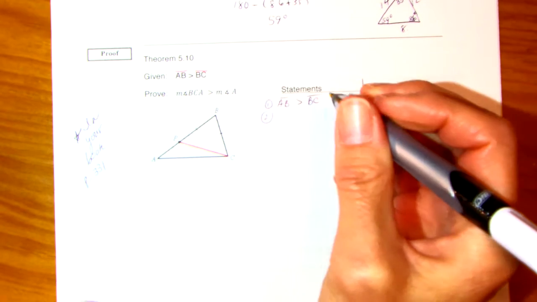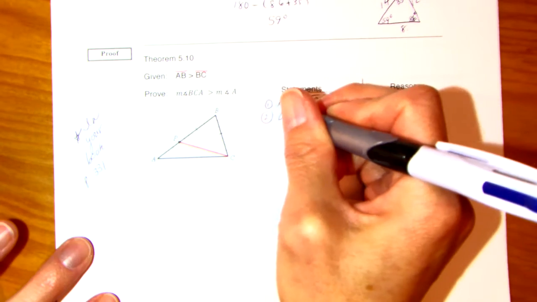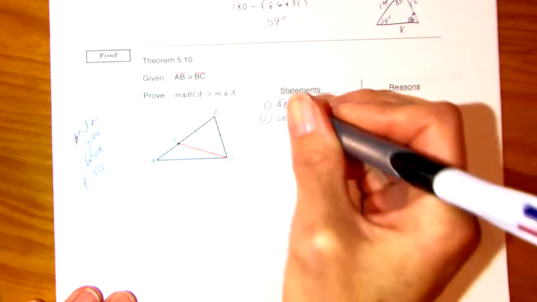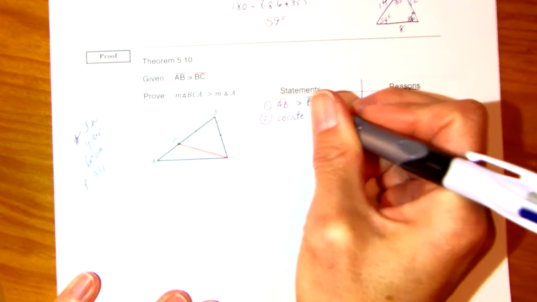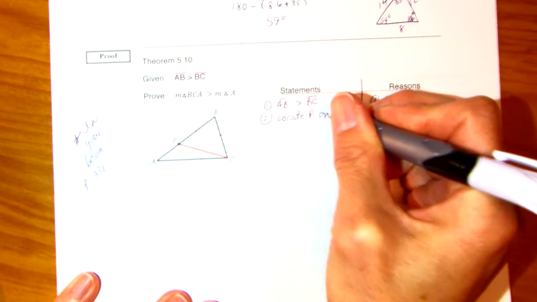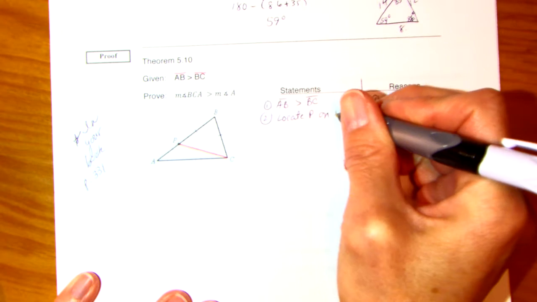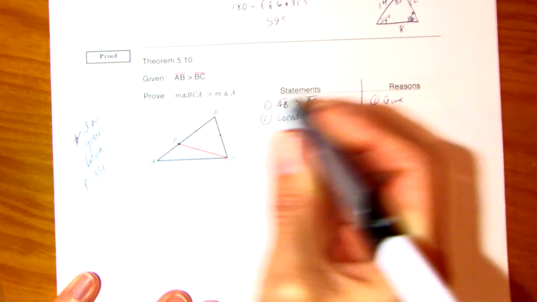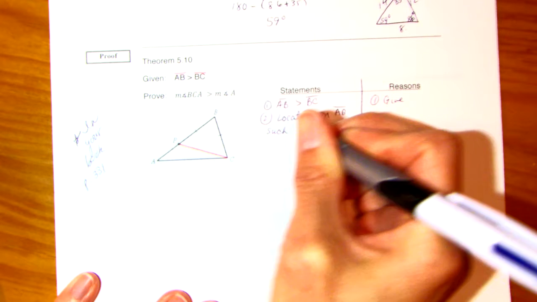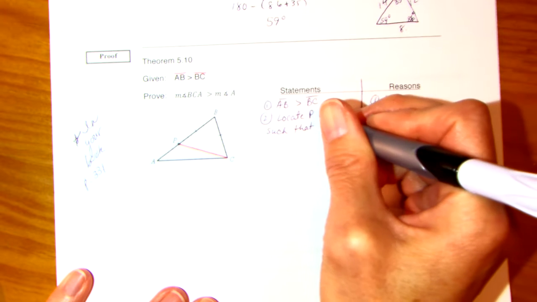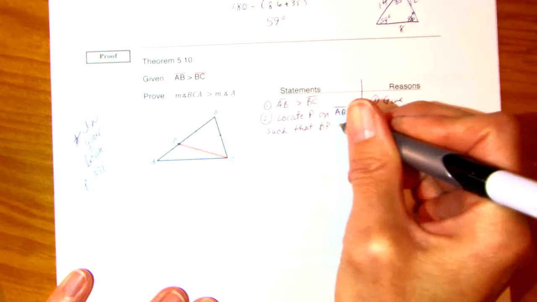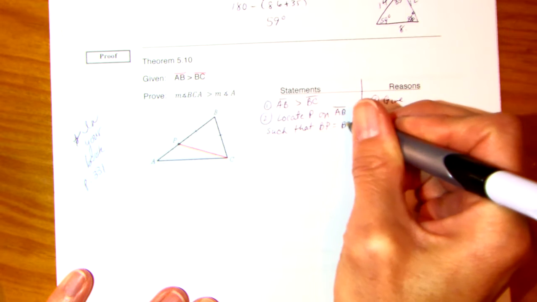Step 2. Locate P. Now, I know this seems weird. You usually don't do proofs like this, but you do have to introduce things sometimes. Locate P on AB. Our picture has it right there, such that BP is equal to BC.